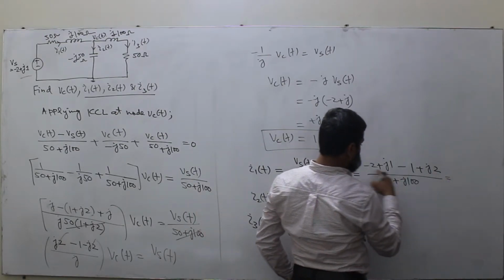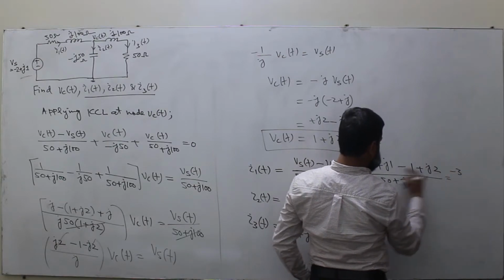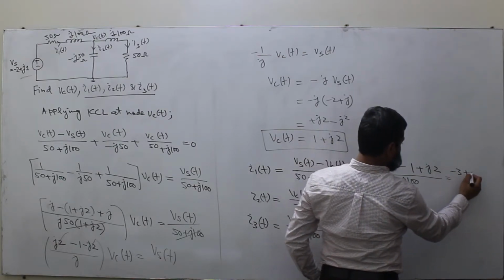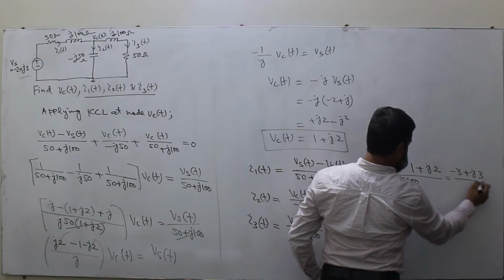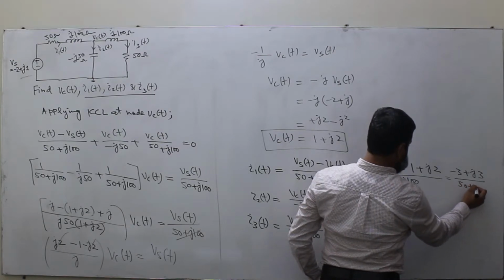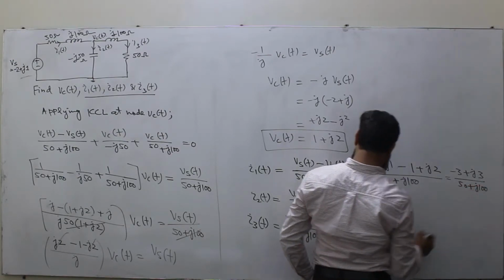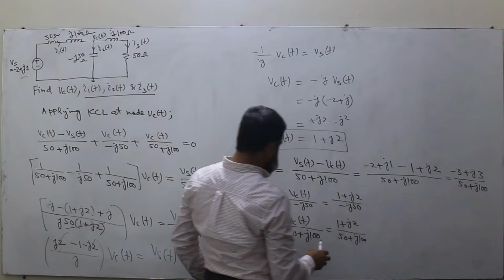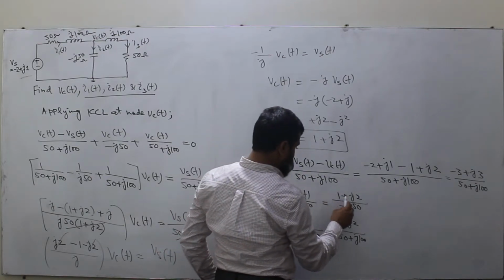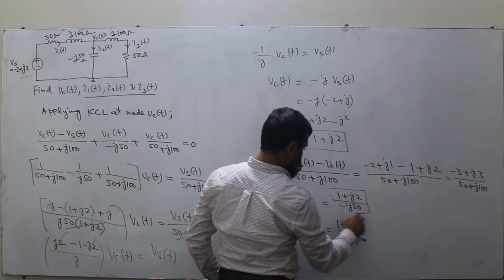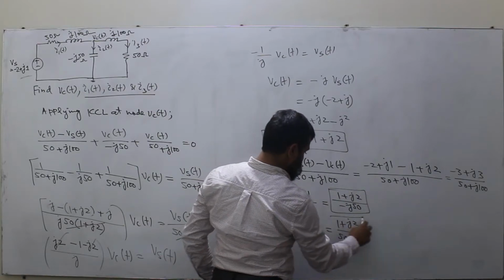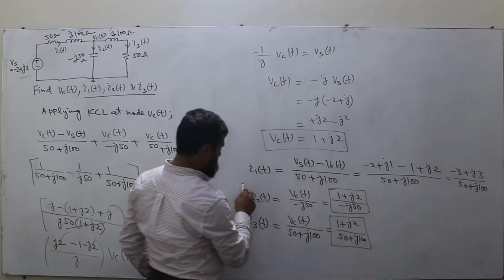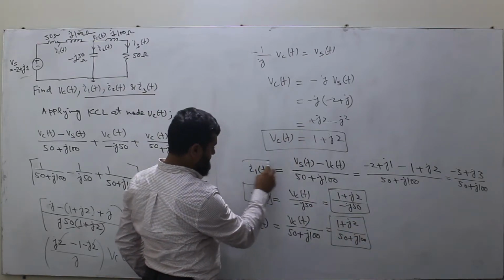This is 2 and 3 minus 3 plus j3 divided by 50 plus j100. You can simplify these further, and you can get the answers of the relevant currents.